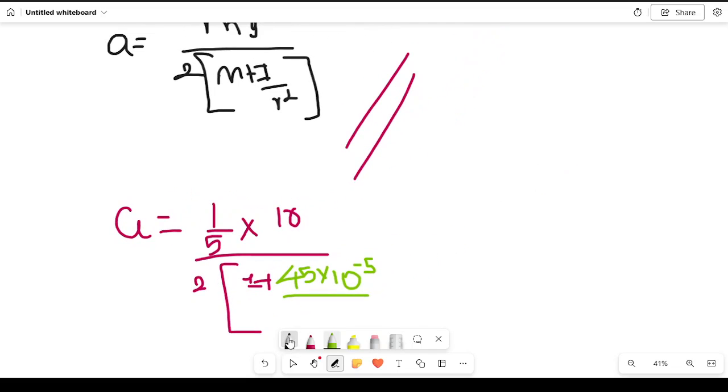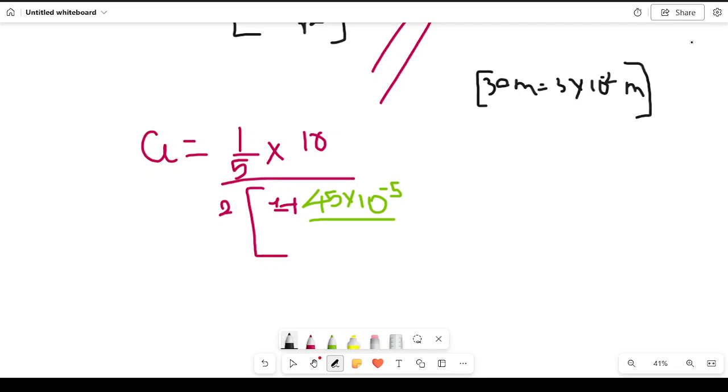We know that 3 centimeters is equal to 3 times 10 to the power minus 2 meters. So r square is 3 into 10 to the power minus 2 the whole square, so it becomes 9 into 10 to the power minus 4.